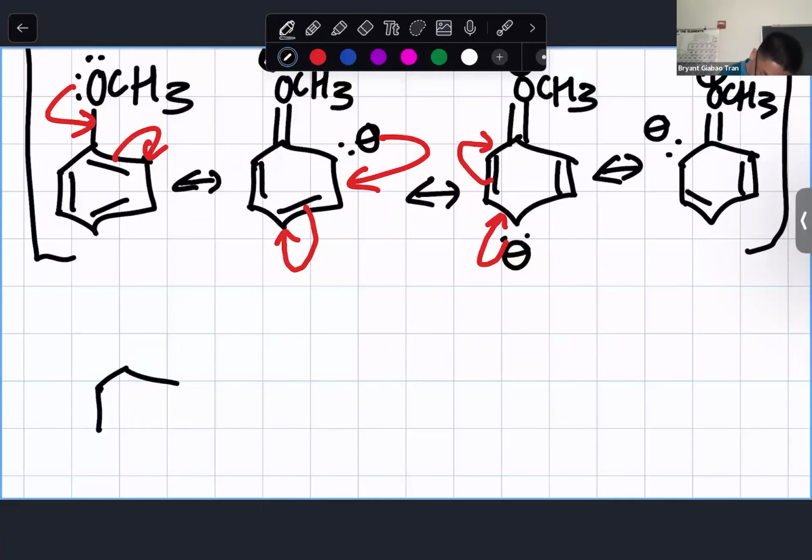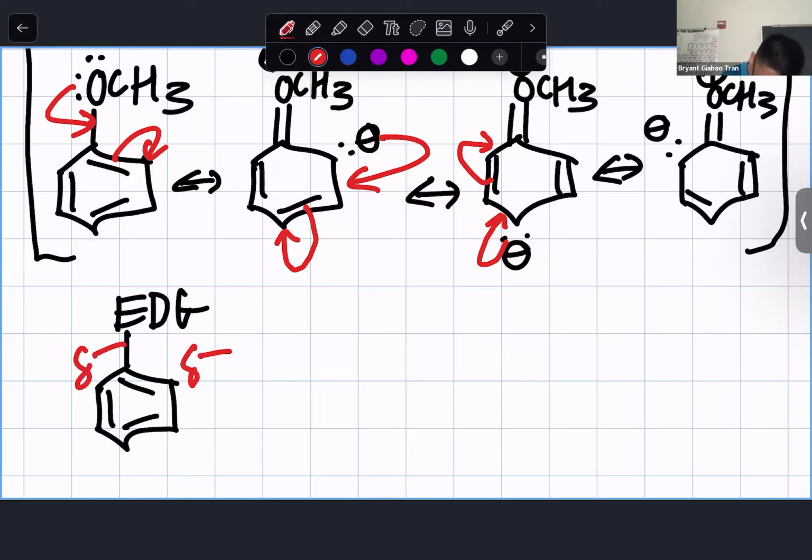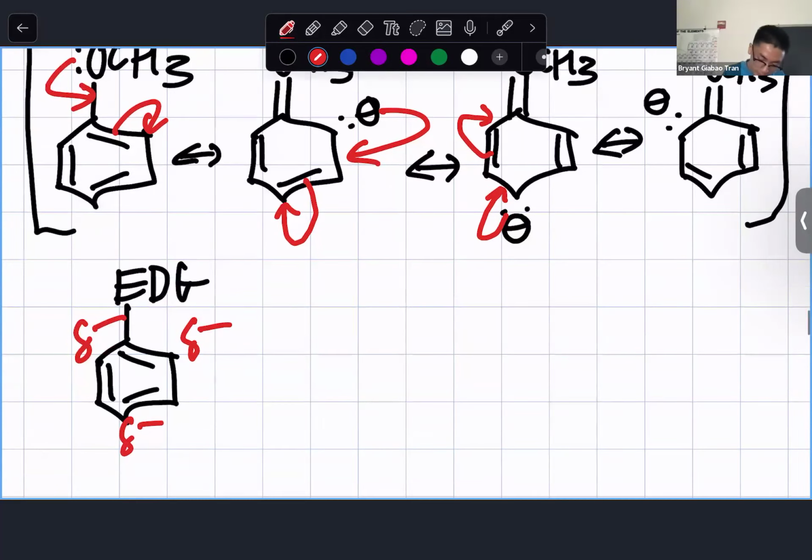So as a general thing, if you have any EDG on the benzene ring, you will have a partial negative charge on the ortho and para positions there, which is why your ortho and para carbons relative to the EDG are the stronger nucleophiles. They are stronger nucleophiles than the meta positions, because these meta positions here, we saw that there are no negative charges on those carbons, right?